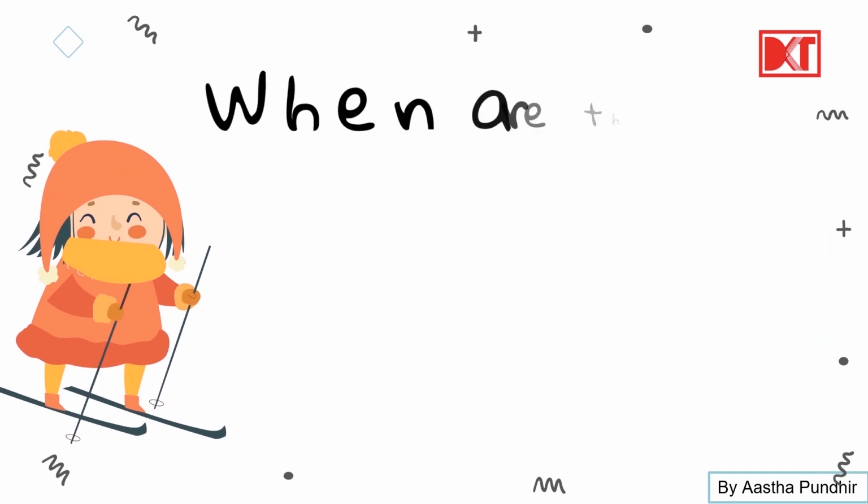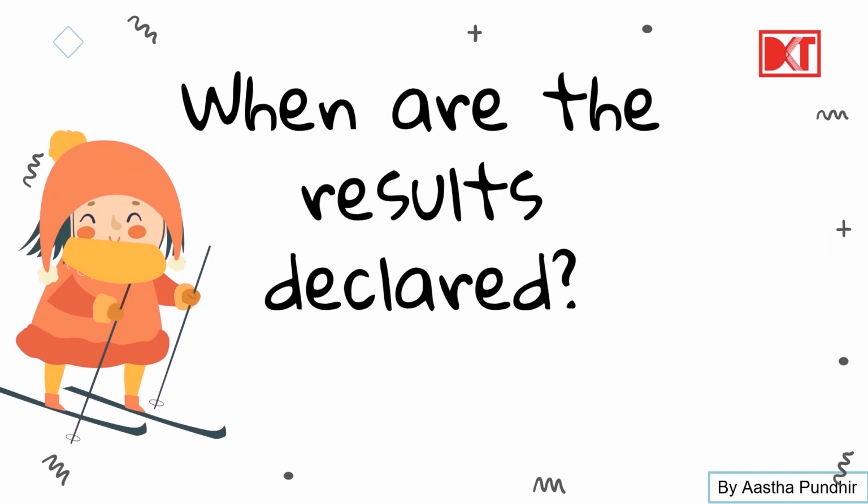So now the most important question that comes is, when are the results declared? Now you have given the IEO exam, and the first question that will come after that is, when will the results come out? You will be excited to know how have I performed, how have my peers performed, and what has my ranking been.